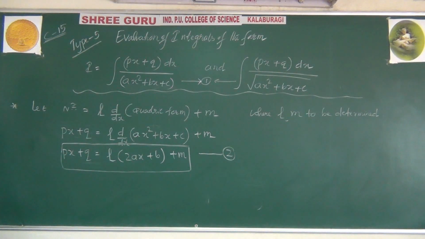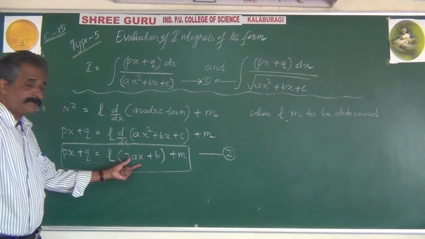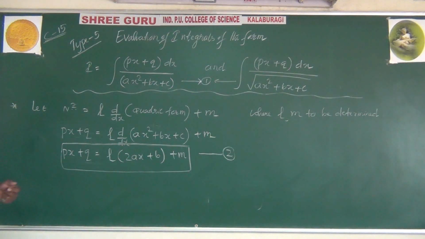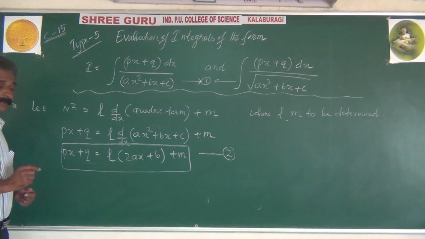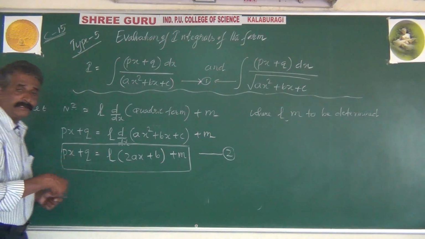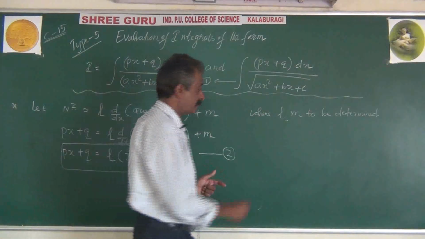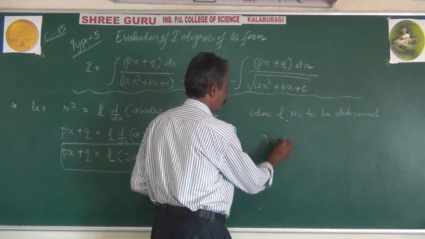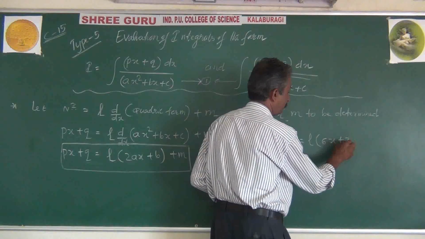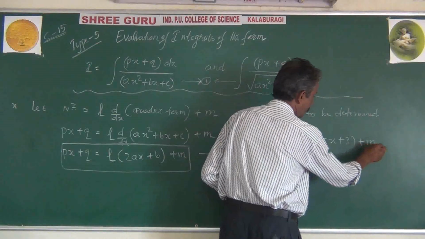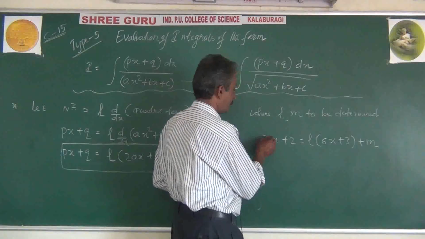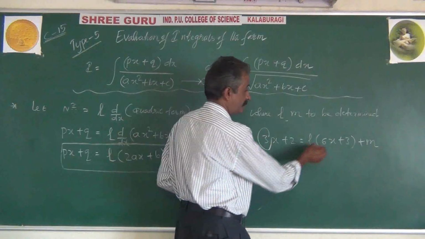Next step is that we have to compare coefficients of x and constant terms to get the values of L and M. When we compare the coefficient of x, here 2aL, here p. In problems, it may be something like 3x plus 2 equals L into 6x plus 3, plus m. Now when we compare the coefficient of x, here what's the coefficient of x? 3.